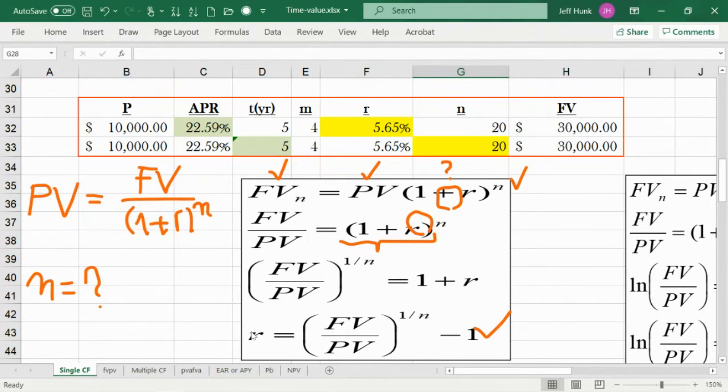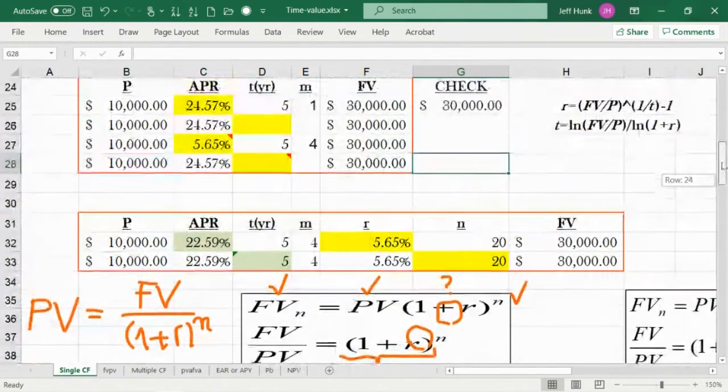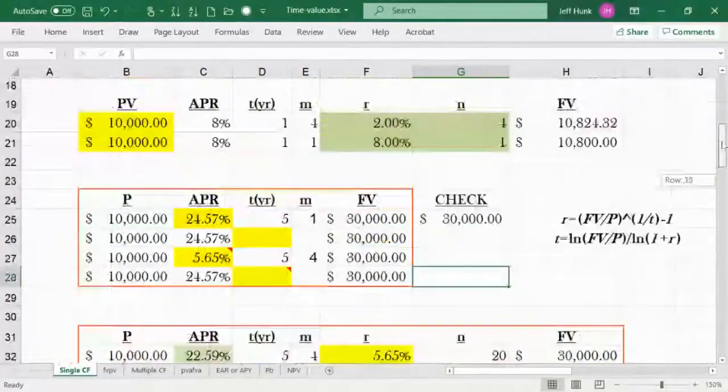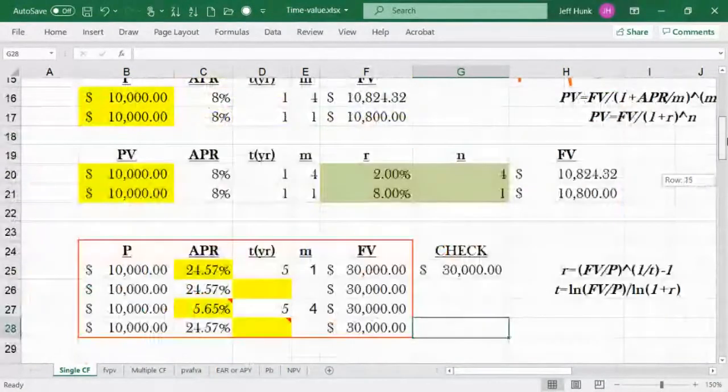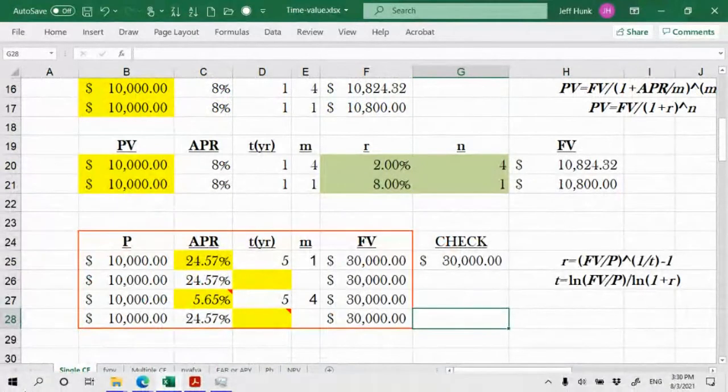How many years will it take, or how many quarters will it take? How many months will it take? And to answer that question, right?